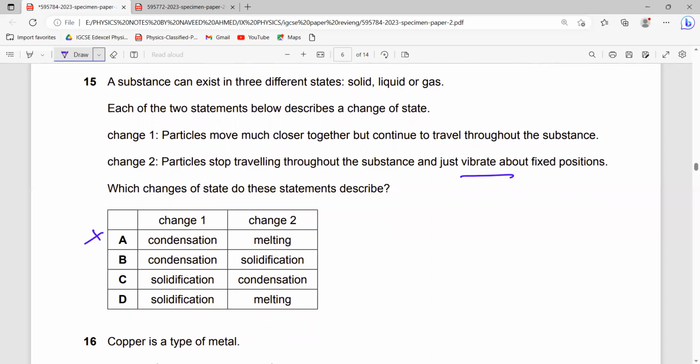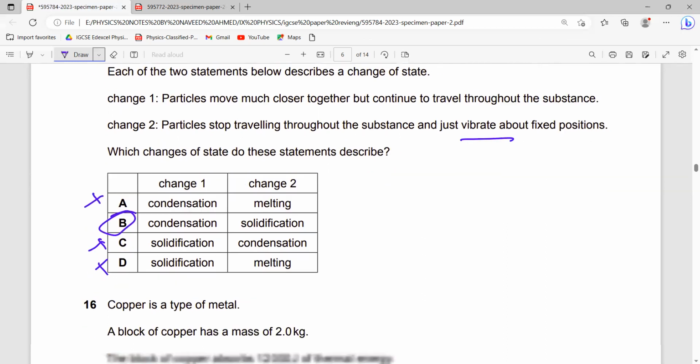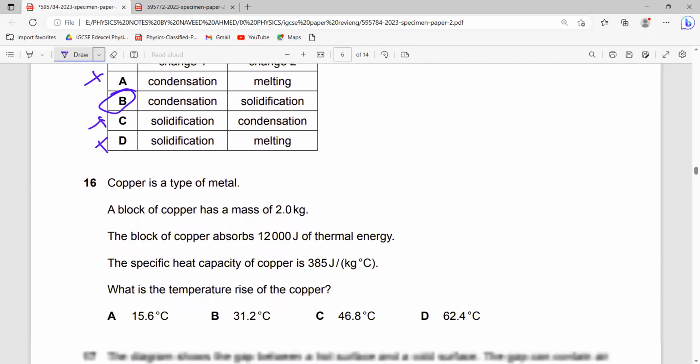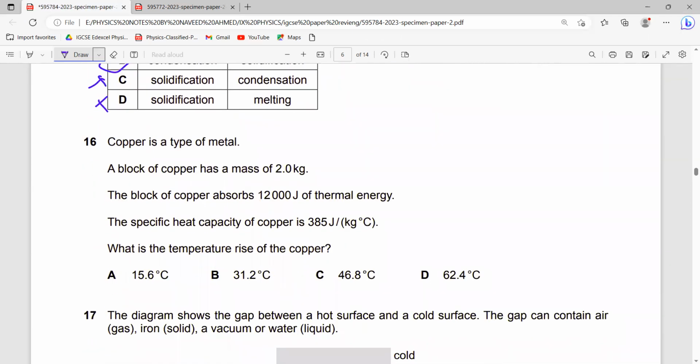Melting is not possible. So because this is melting, we have removed this option A. Now only option B is correct, because condensation shows the liquid, or solidification, solids.